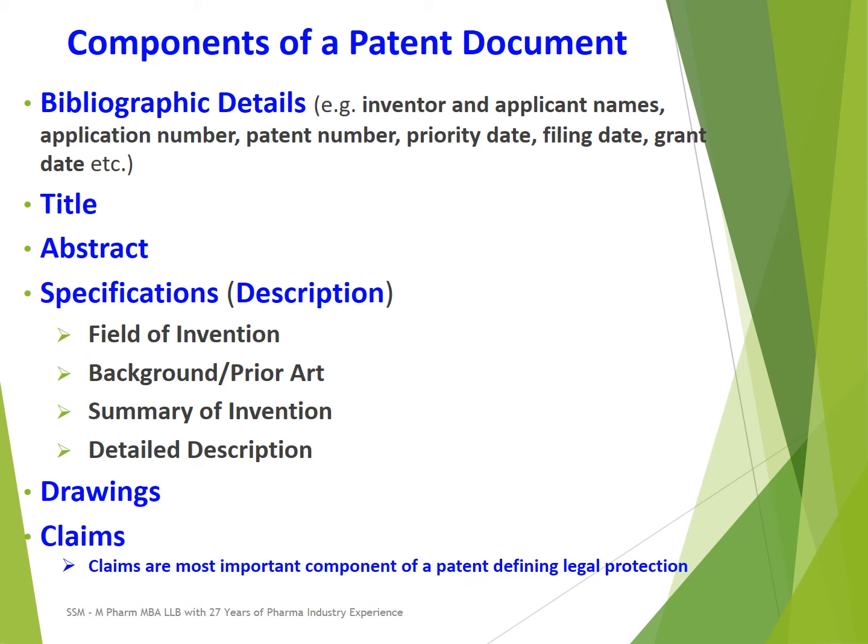Whatever is not written in the claim is not protected. So be careful. Whatever you want to protect, you need to write it down in the claim section. So claims are the most important part of patent document, and claims set the legal boundary of protection for your invention.